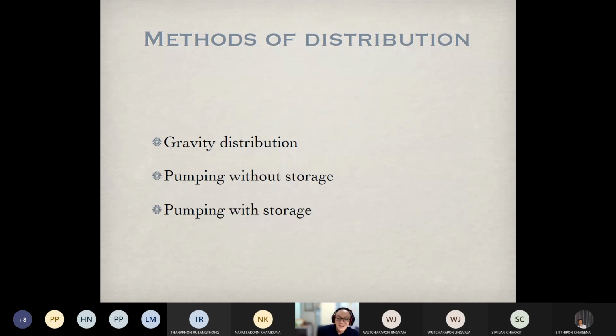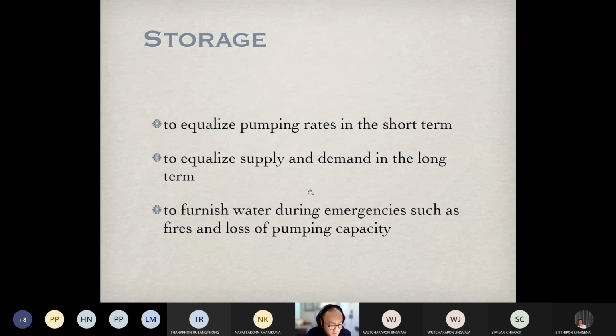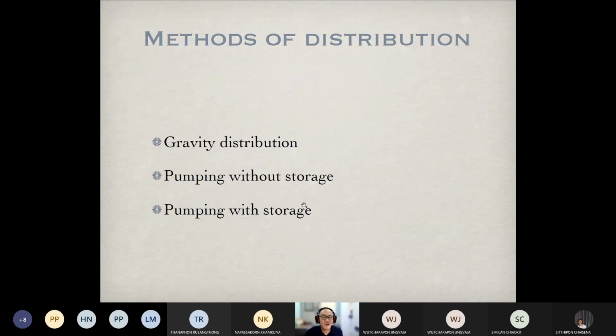But most communities still require the storage for some reasons, at least to accommodate the flow, to regulate the flow. So here we begin with the storage. Then we talk about the pumping system later.